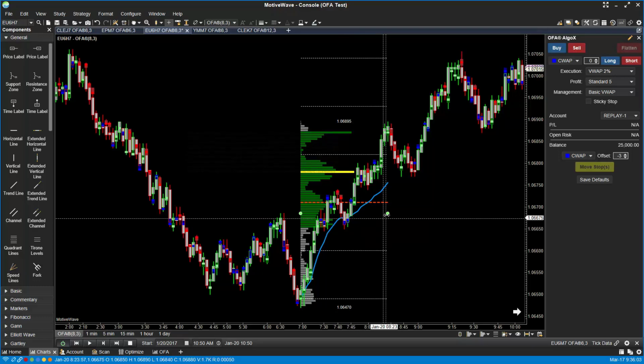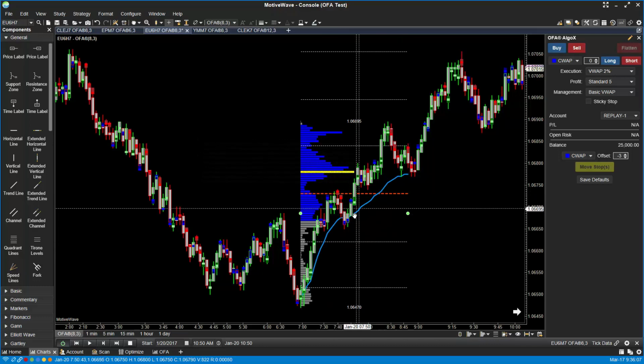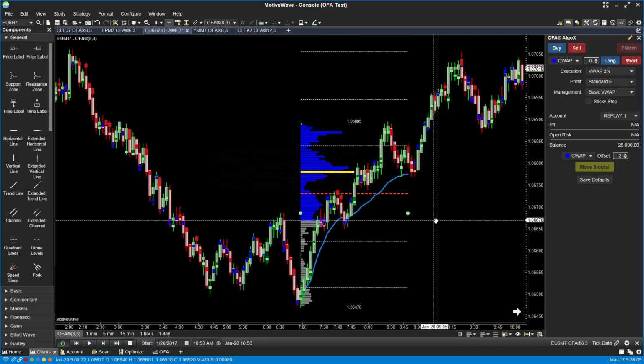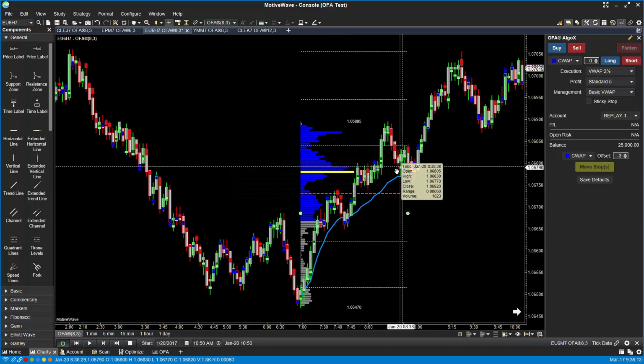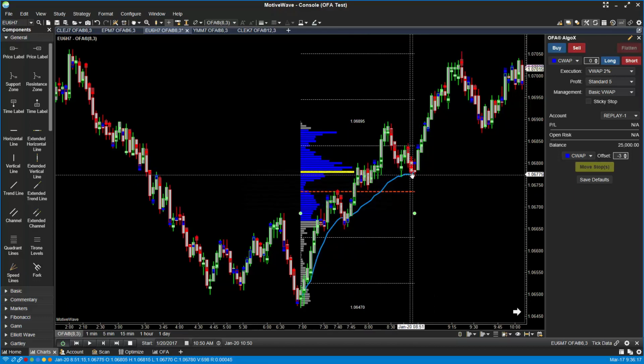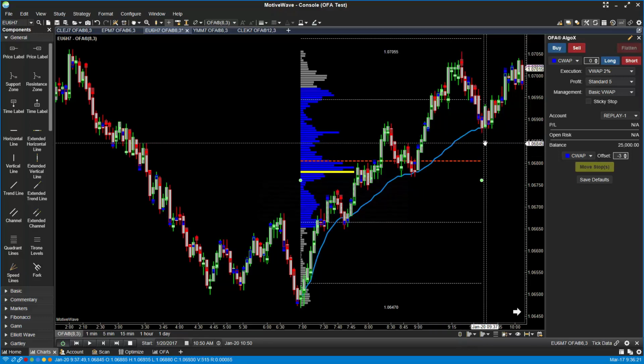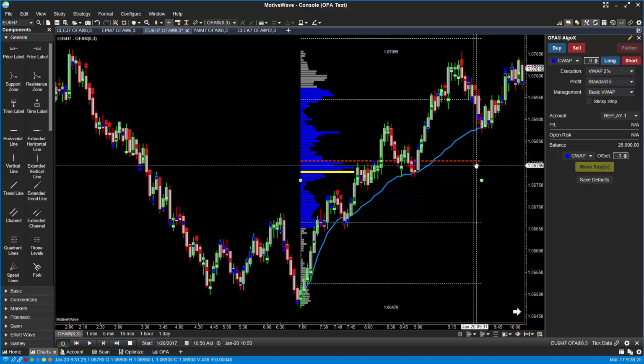The great thing about the CWAP and VWAP trade is that you'll notice that there's usually multiple opportunities. So even if you don't recognize that there's a trend here, we have the opportunity to capture it higher, not once, but twice. In this case, we also have another opportunity up here, but as I said, the risk to reward gets a little bit upside down.